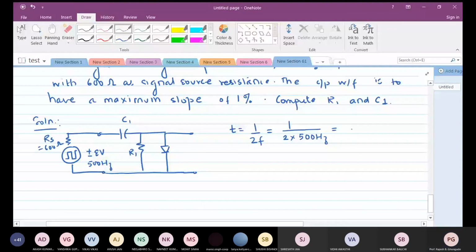Come on, use your calculators. 0.001. This is 1 millisecond. So the pulse width is equal to T, which is equal to 1 millisecond. So first of all, we calculate the pulse width.